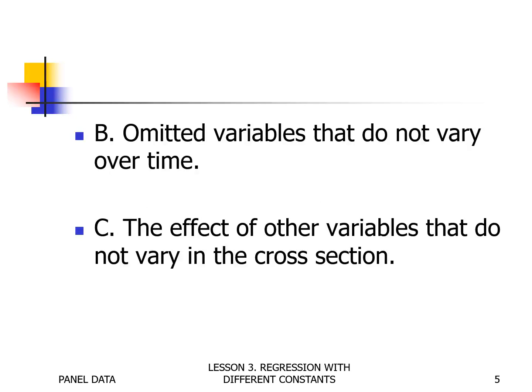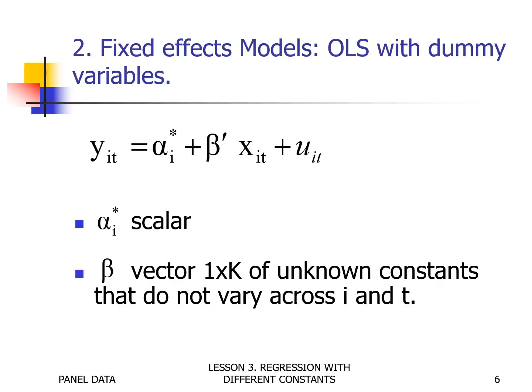And in this part you see again that omitted variables that do not vary over time, and the effect of variables that do not vary in the cross section, can be captured, so they can capture many variables that would cause problems when not accounted for.